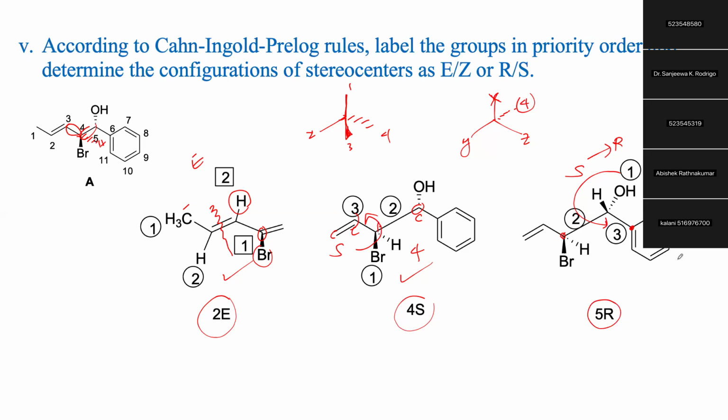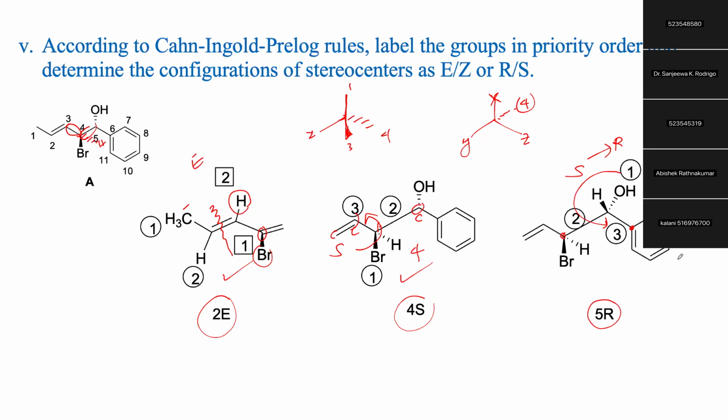Yes, sir. If you want, you can redraw this, or you can try to imagine this in your head. The way you have to imagine is, you take the least priority group in your hand and hold it away from you, and then you look at the other 3 groups, at the bottom of a cone or a pyramid.